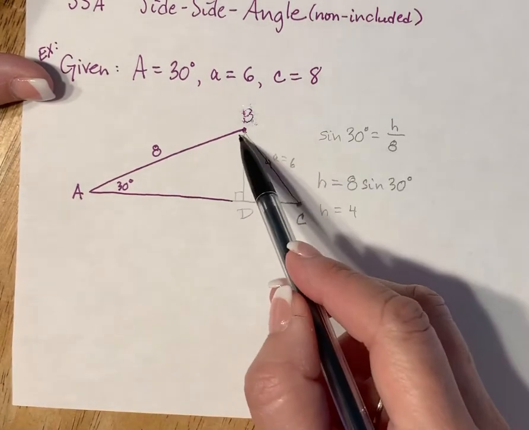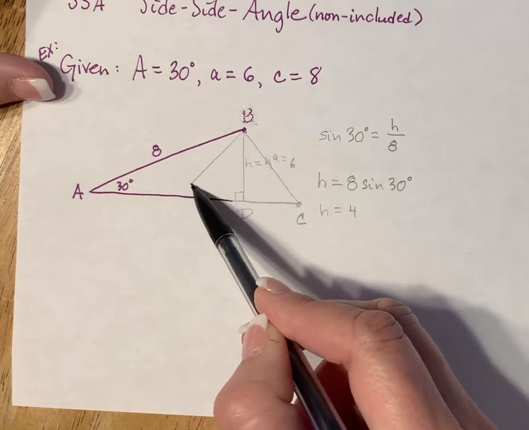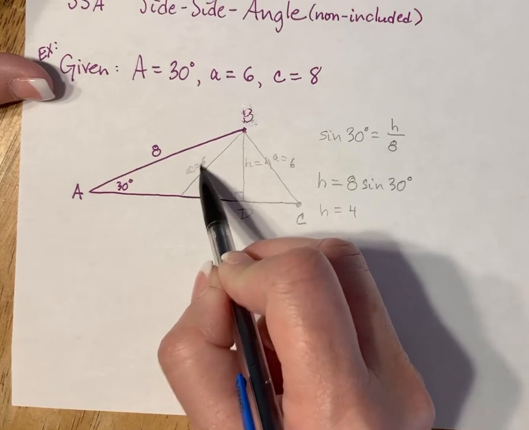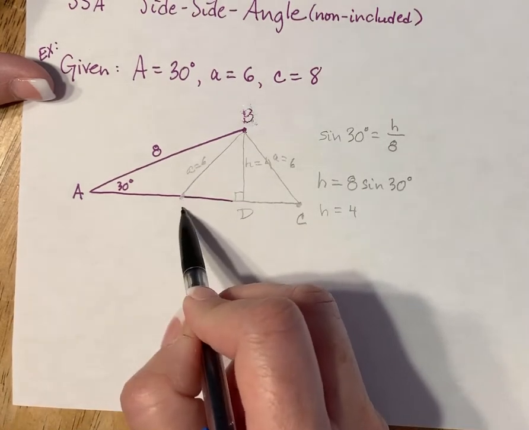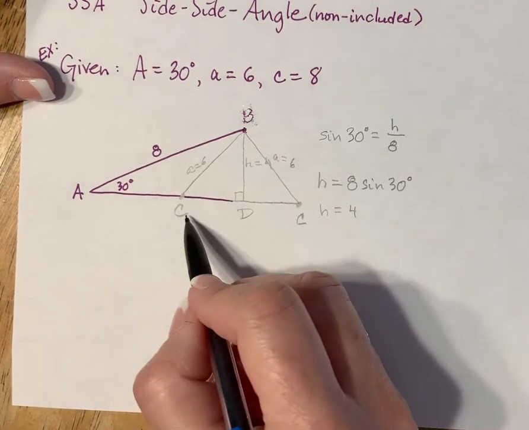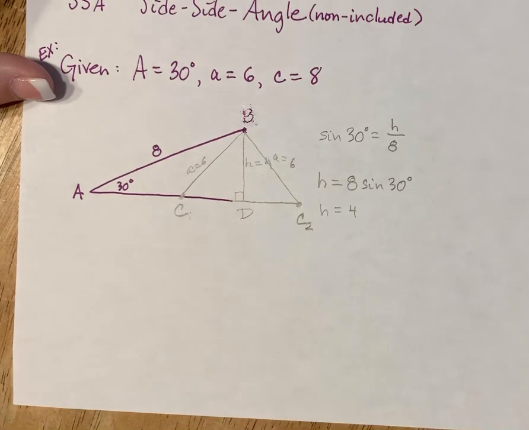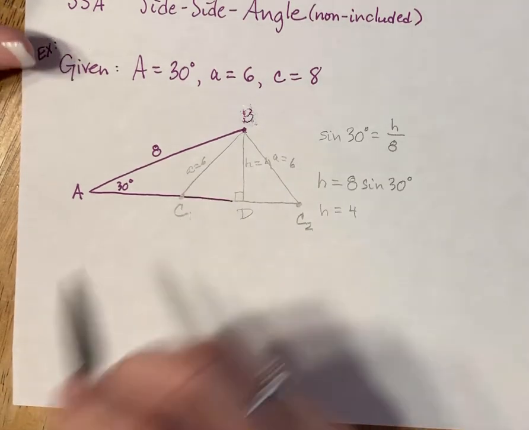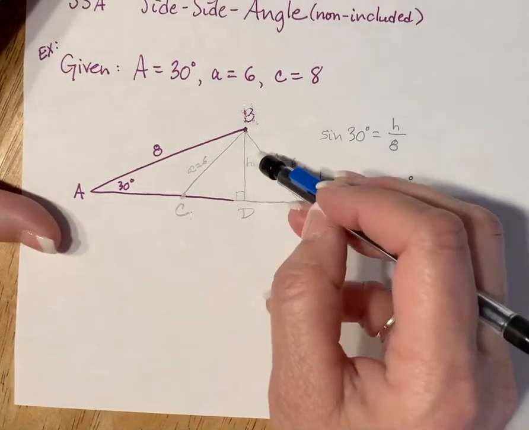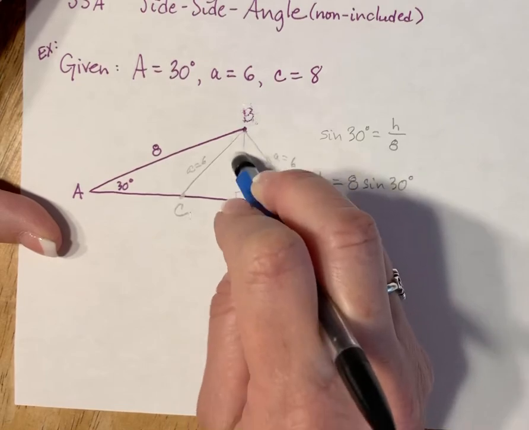Or we could draw a segment that measures 6 going that direction. So another possibility for A would be here, and then put vertex C there. So here's one possibility, here's another possibility, all right? That's just using the given information. H is not really part of the problem, that's just trying to help you visualize it.